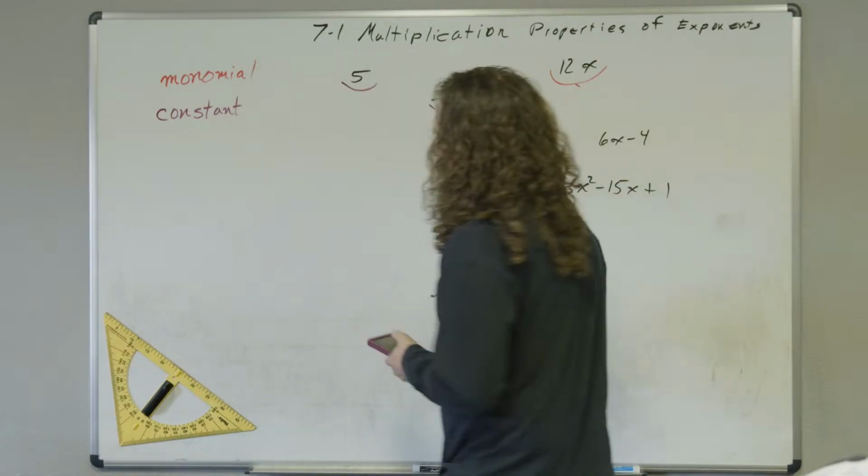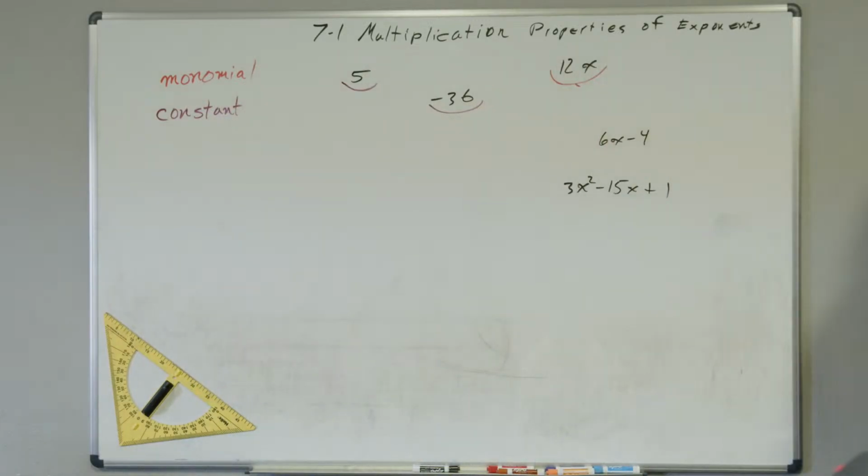And negative 36 is a constant. Those are both constants. So what's the difference between a monomial and a constant? That is multiplied by an x. Multiplied by a variable, it's not constant because it can change. All that's true.